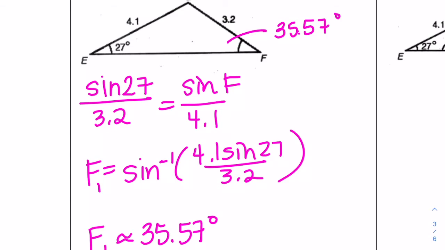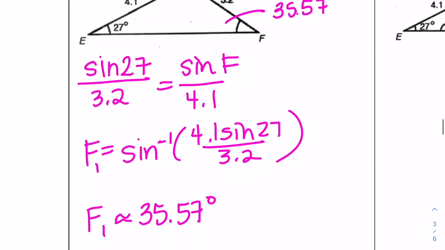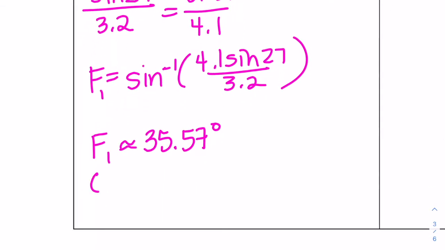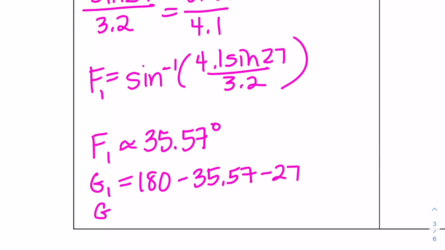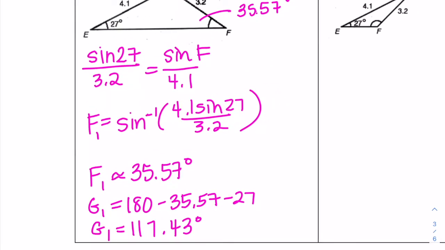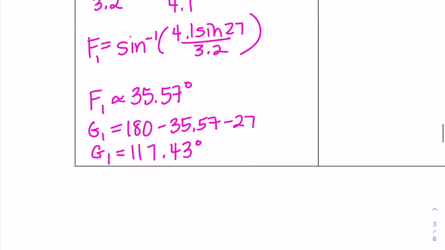And so if this is 35.57, we can easily find angle G. Angle G will just be 180 minus those angles. So G would be about, I'll just put 180 minus 35.57 minus the 27. So G would be about 117.43. And then we could find side G, because that's the only side that we're missing, using law of sines. So we could set that up.